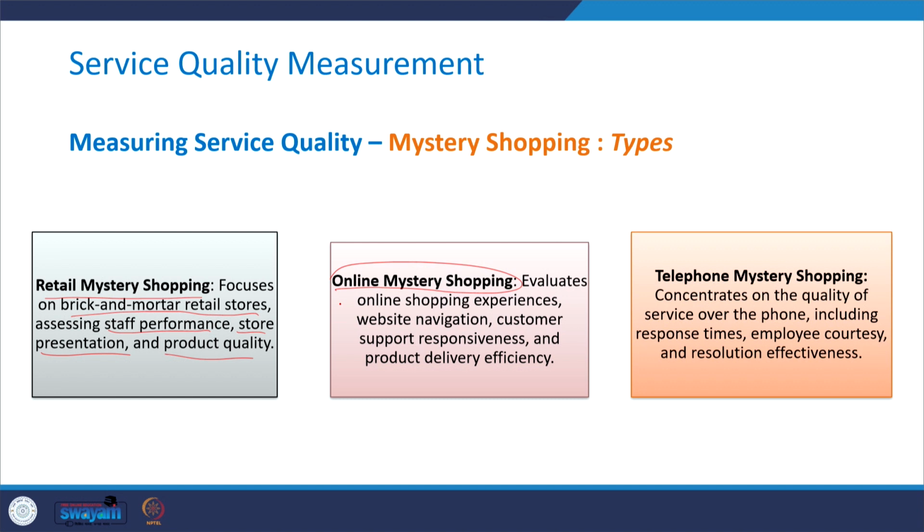This evaluates online shopping experiences, website navigation, customer support responsiveness, and product delivery efficiency. And the third type of mystery shopping involves telephone mystery shopping, wherein we concentrate on the quality of service over the phone, including response times, employee courtesy, and even resolution effectiveness of the customer center employee.